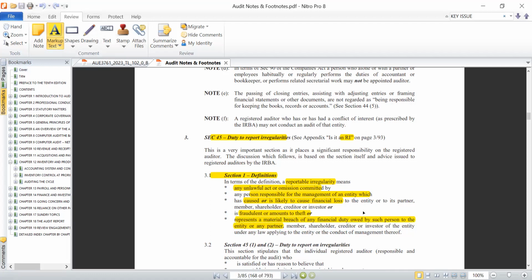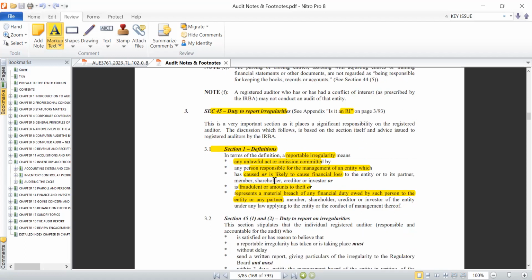Notice all of these things are reportable irregularities, which we as auditors, when we are auditing, are also looking to see if they exist as far as the financial records of the organization is concerned. Remember, it's not just only financial statements of interest, because whatever we see in the financial statements comes from somewhere.